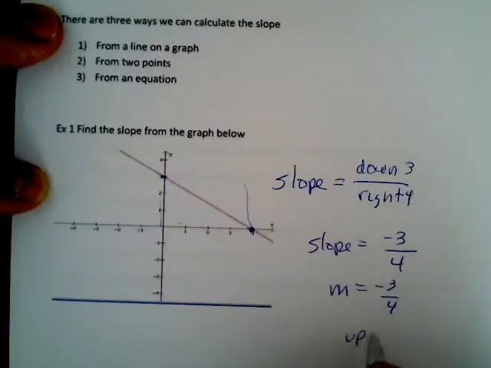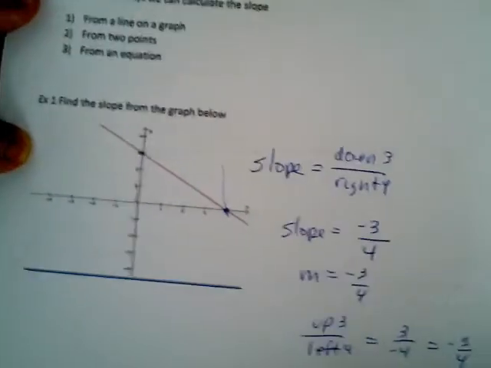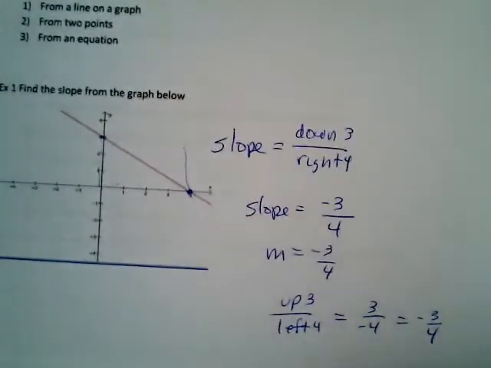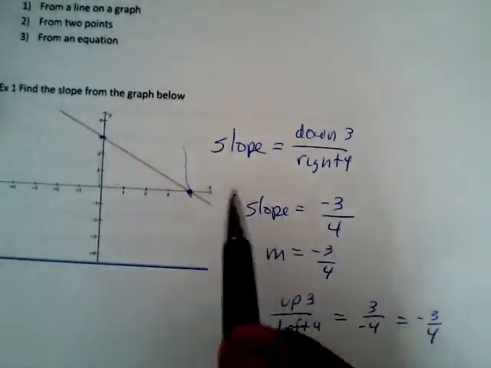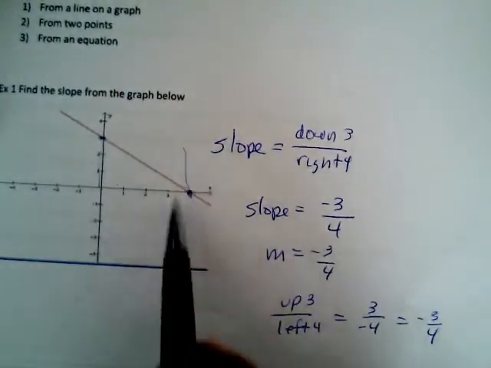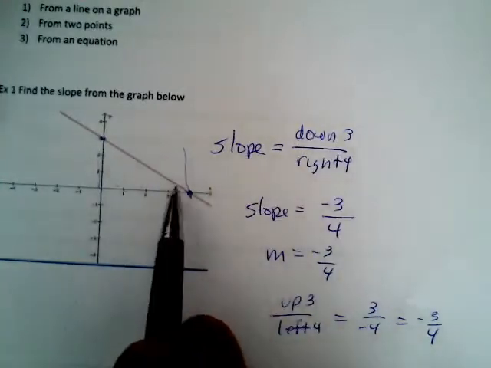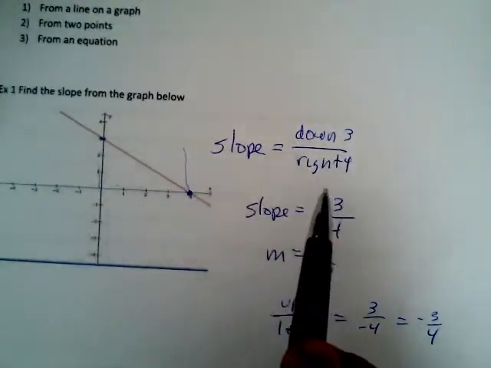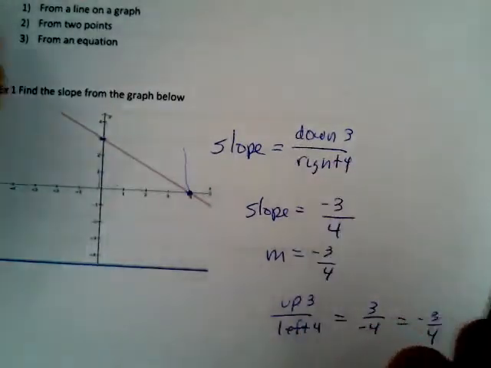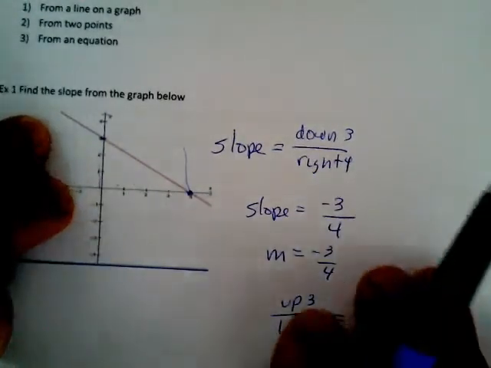Up 3, left 4 is 3 over negative 4, which is still negative 3/4 for my slope. So it doesn't matter. You just have to make sure that your up and down movements are in your numerator, your right and left movements are in your denominator, and you also have to pay attention to the signs.